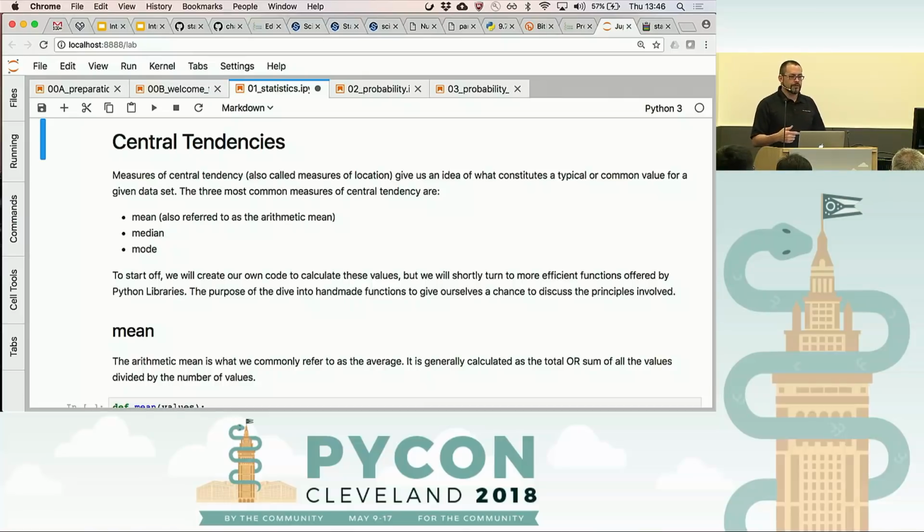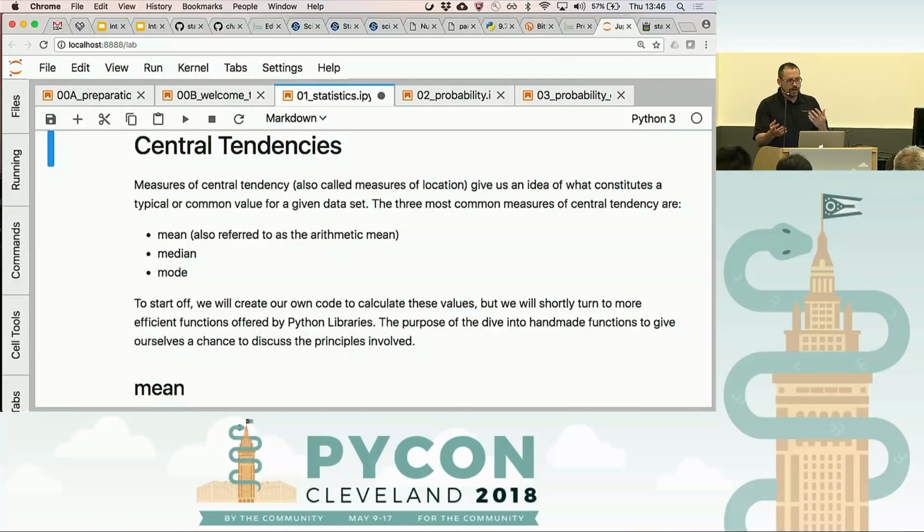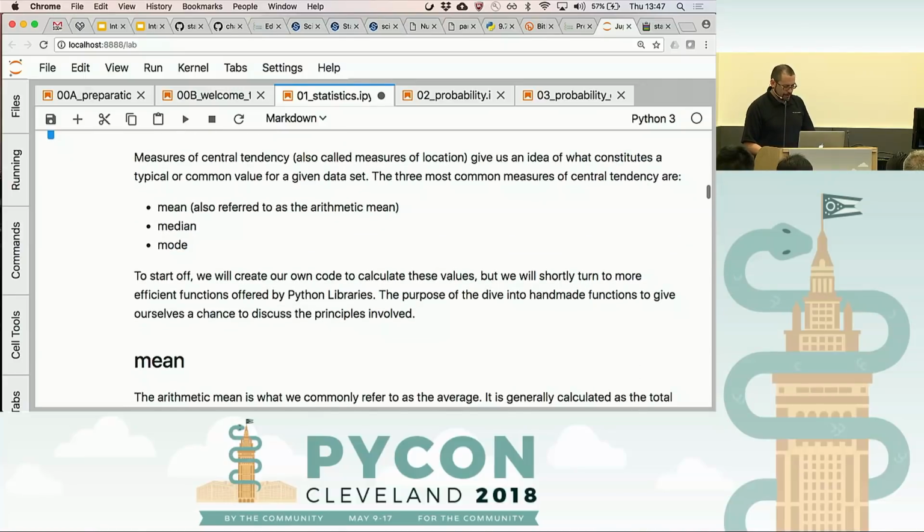Python has tools to look at that, and when statisticians look at that kind of information, they typically point to 3 main things: mean, median, and mode. Mean is also often referred to as average, and it's probably the one you're most commonly associated with. So I'm going to walk you through how we can calculate means, medians, and modes using my lousy code.